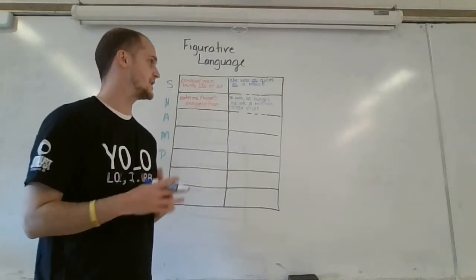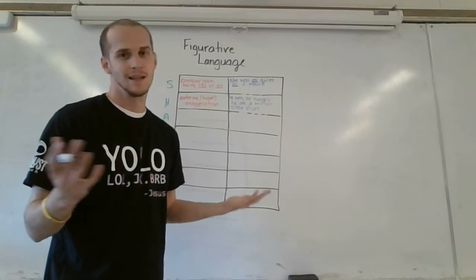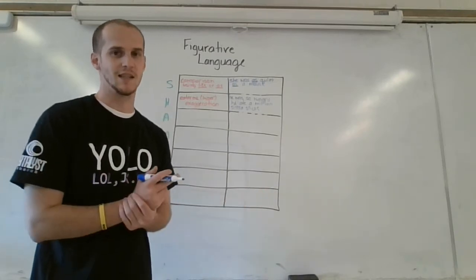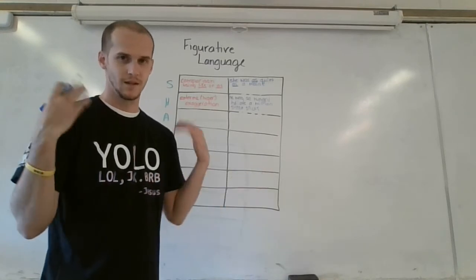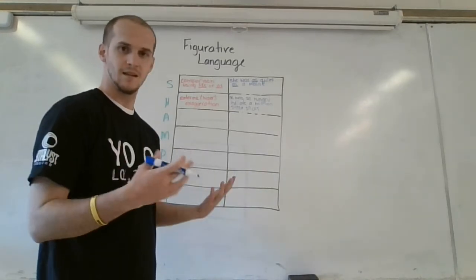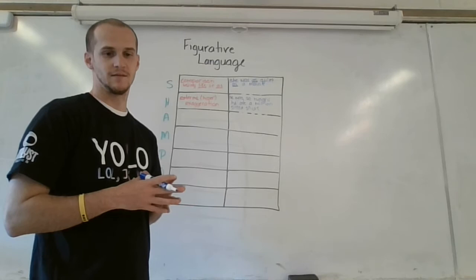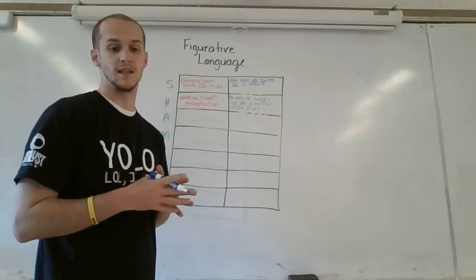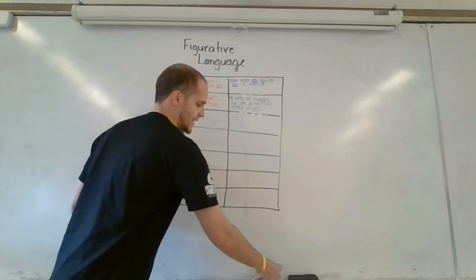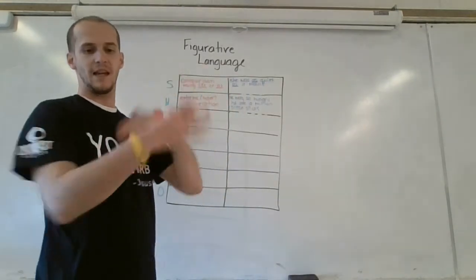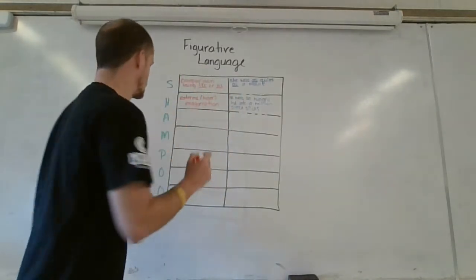He didn't actually eat 1,000,000 pizza slices, but you can see how hungry he is. The next one is alliteration. And alliteration is a repeated sound at the beginning of words.